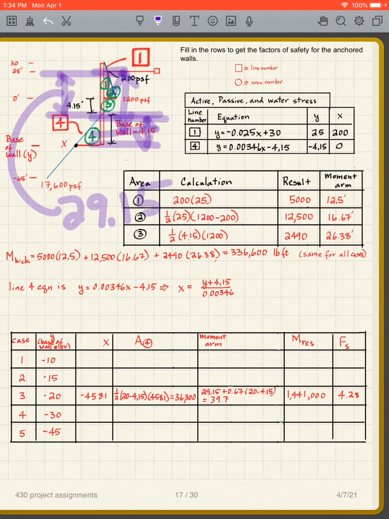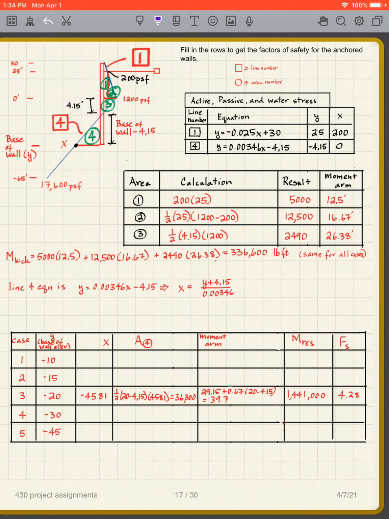So 2/3, 0.67, times h of the triangle, and I end up with my moment arm being 39.7. So my moment becomes the area times the moment arm. I get that. So this is my resisting moment.